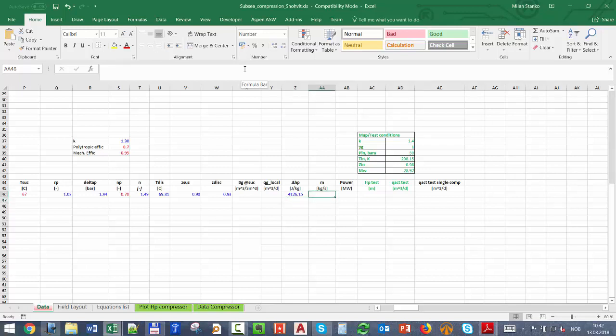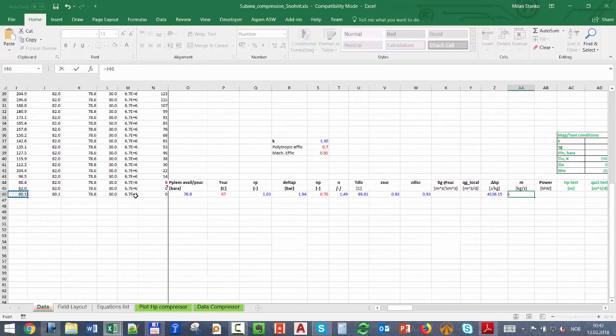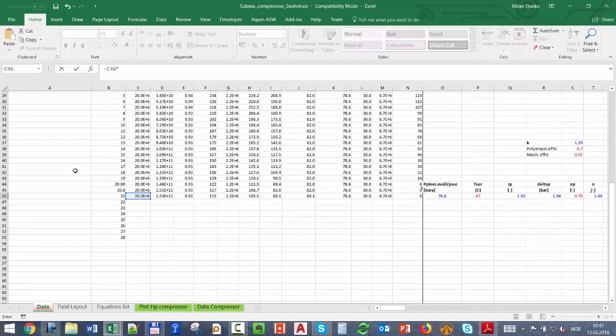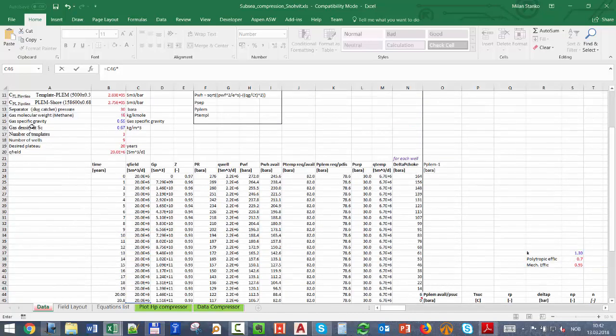Mass flow. We have done it yesterday, right? It is the rate, which rate? The rate of the field, right? All the rate that is going through the compressor, divided by 5, times the density at standard conditions, which is here up.